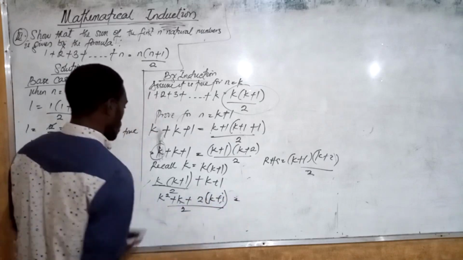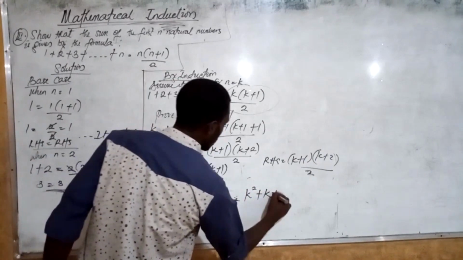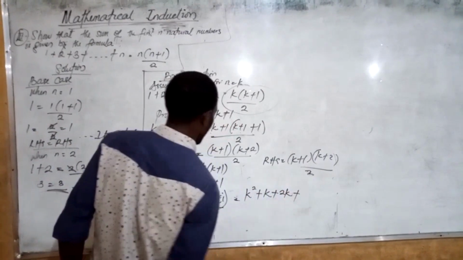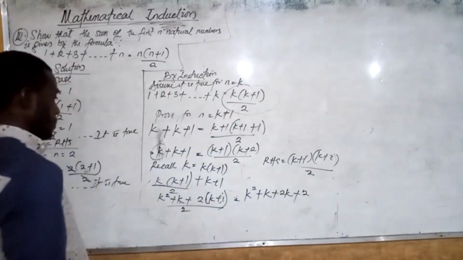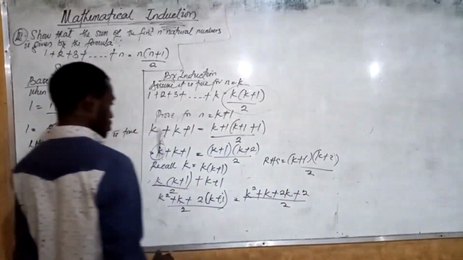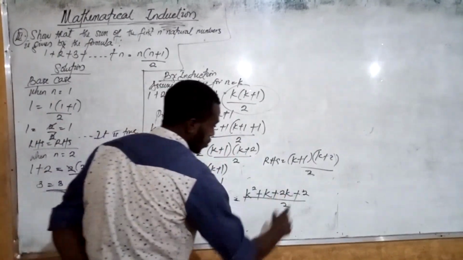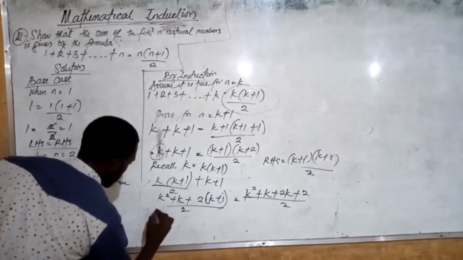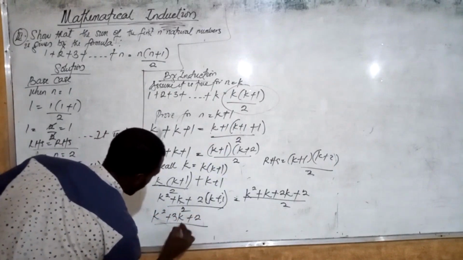And this becomes k squared plus k plus 2k plus 2. Alright? So that we have all over 2. So this is going to become a quadratic expression, so that we have k squared plus 3k plus 2 all over 2.